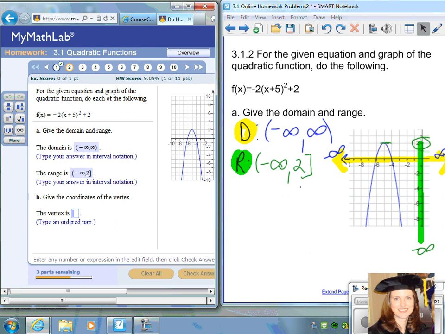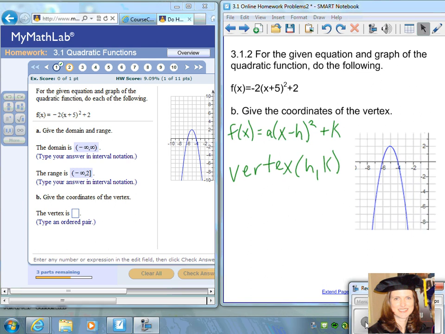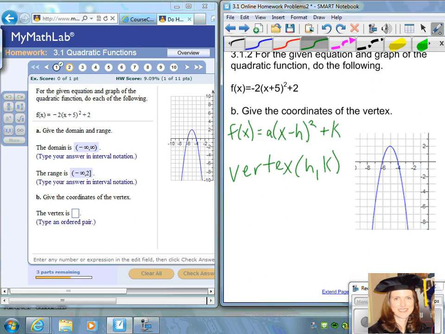For part B, we want to give the coordinates of the vertex. You can do this by looking at the graph, and you can see that the vertex, the highest point of this parabola, has coordinates -5 and up 2. You can also find those values by looking at the h and the k in the equation.